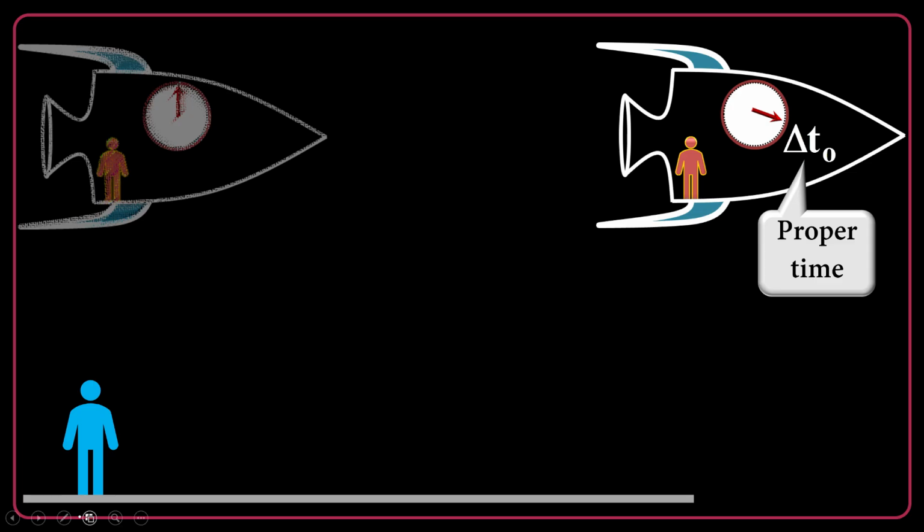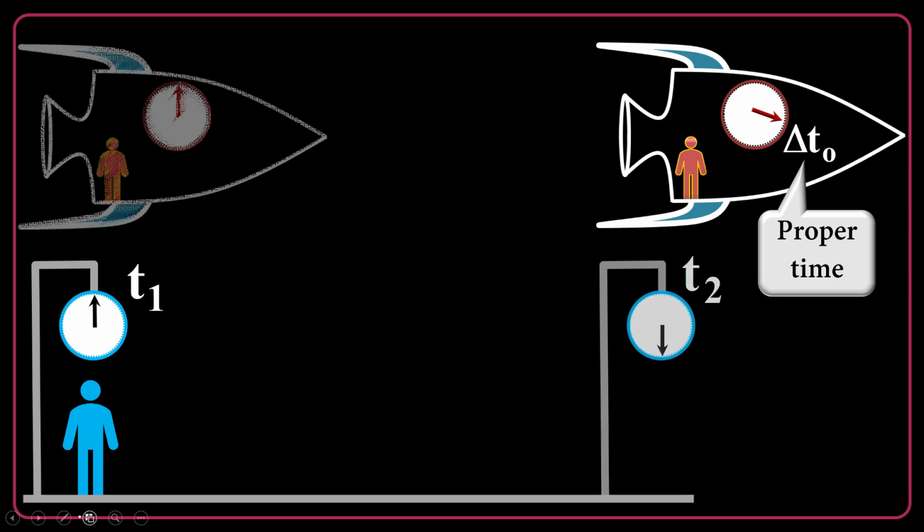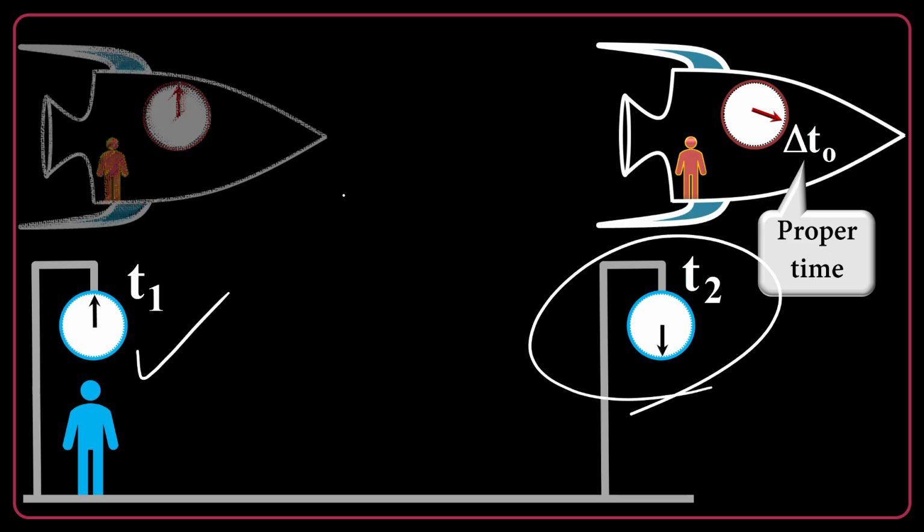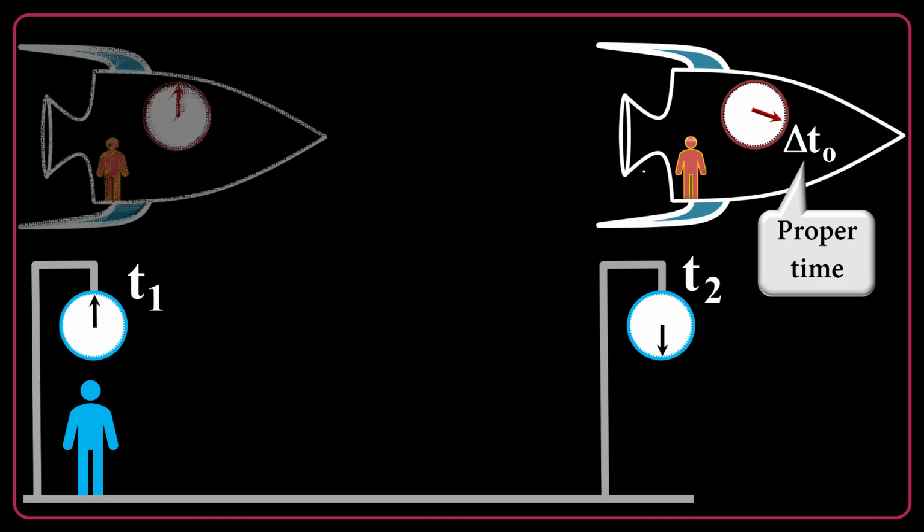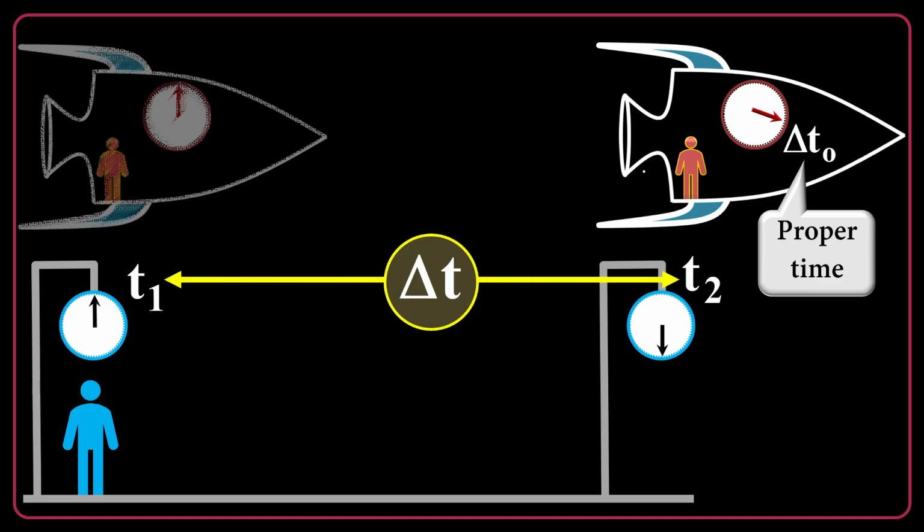So this person has to use a couple of clocks, one to measure the embarkation moment, and then the arrival. The second clock has already been synchronized with the first clock, and when the spaceship passes by the second clock, it stops working. Then they can compare the two values and find delta t, the duration of the trip as measured by the ground observer.